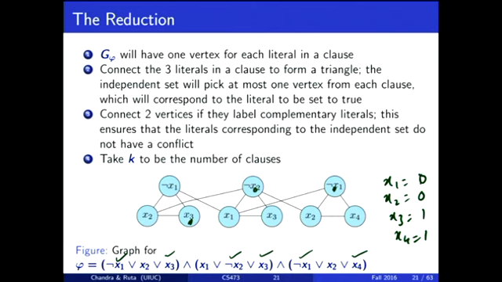There would have been an edge between the two of us, so I could not have picked it previously, and it wouldn't have been an independent set. So given an independent set of size m, I gave you a way to construct an assignment which satisfies all the clauses. So if there is an independent set of size m, then there must be a satisfying assignment to the formula.